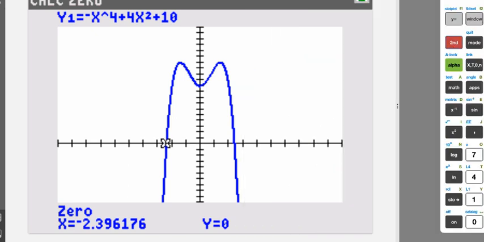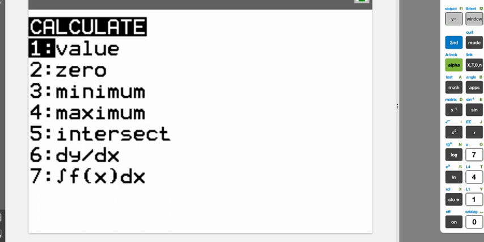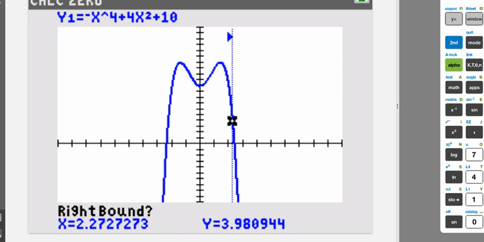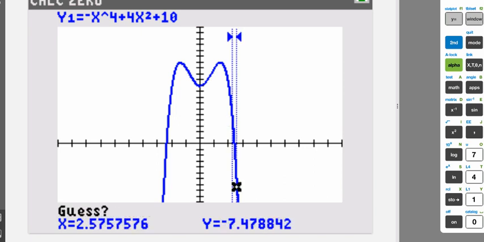And I'm going to get the last one. I have a feeling it's positive 2.4. Oh, you hit the arrow key. Trace. Get over here. Okay. Make sure you're on the left side of that 0. Hit enter. Then you get on the right side of that 0 and hit enter. Really important.